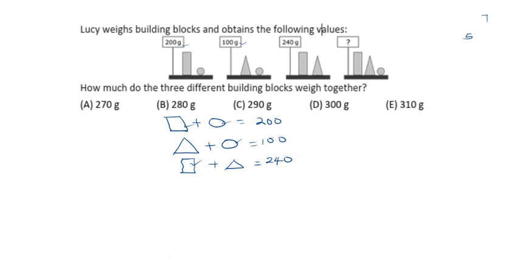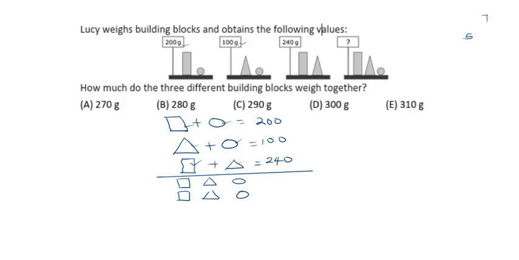meaning that if we need to add everything together, we are going to have exactly 2 triangles, 2 rectangles, and 2 circles.